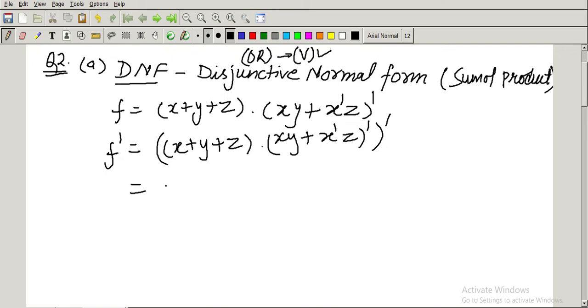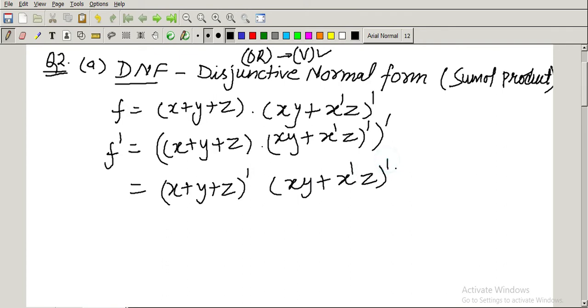So here we have x plus y plus z, whose complement comes on the individual terms. And here we have xy plus x complement z, complement, and then complement. So complement of complement will remove that complement, because we know that the complement of A complement will be A. So this is the rule.